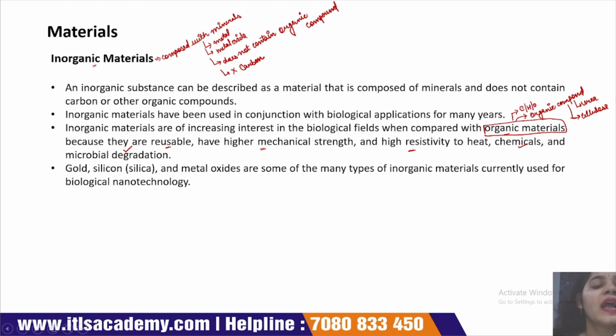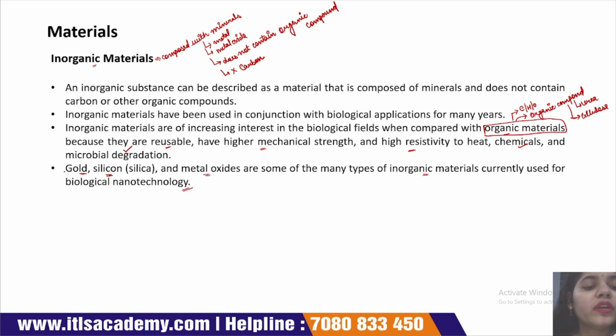Okay, gold, silicon or silica, and metal oxide are some of the many types of inorganic material currently used for biological nanotechnology.